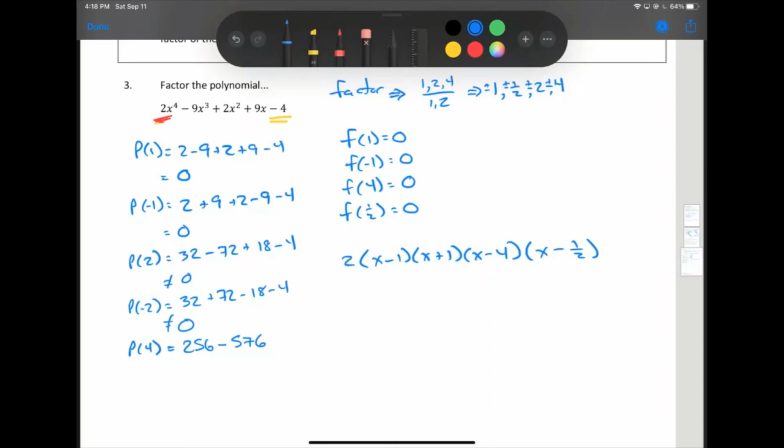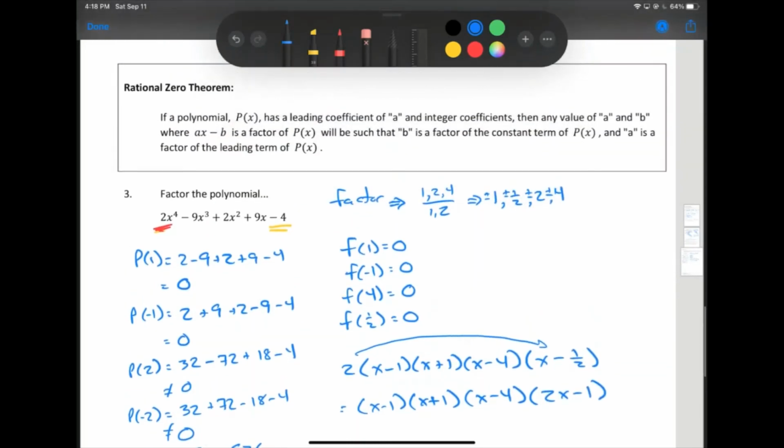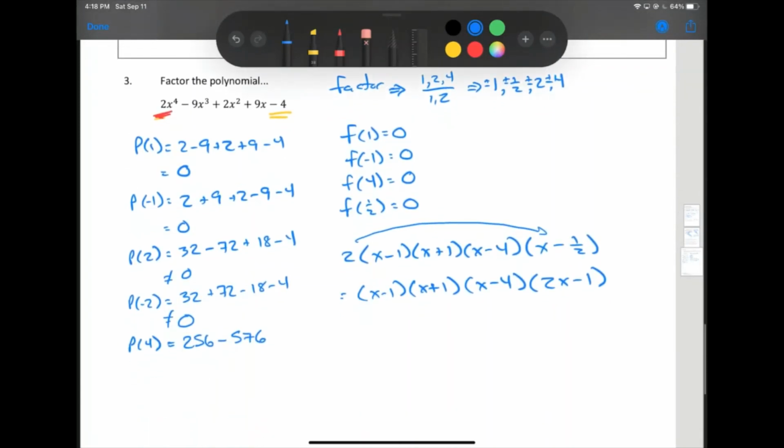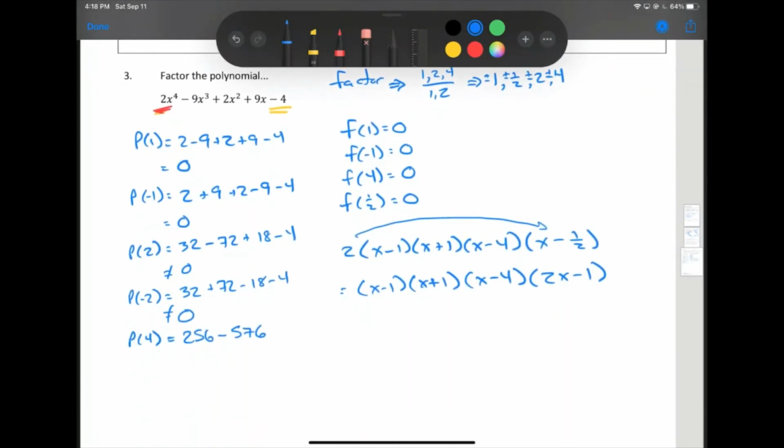And I'm going to just make my life a little nicer and actually put it into that bracket. And that will get rid of the fraction. And that's where the rational zero theorem comes in. I get a rational fraction, which just basically means that my binomial has a non-zero initial term.